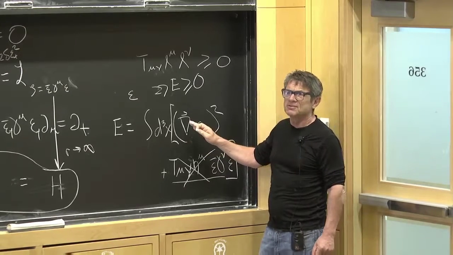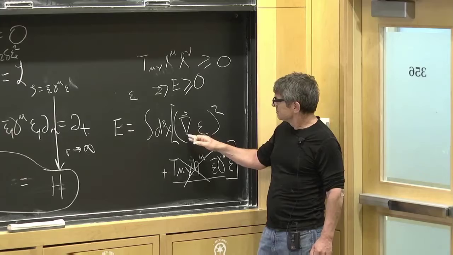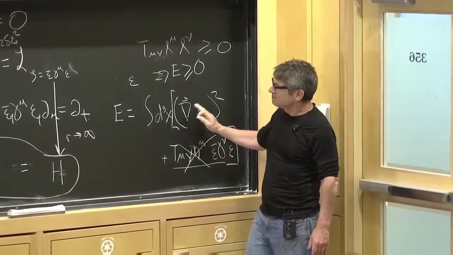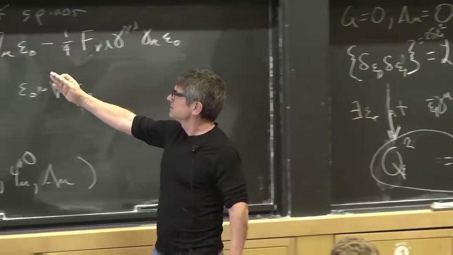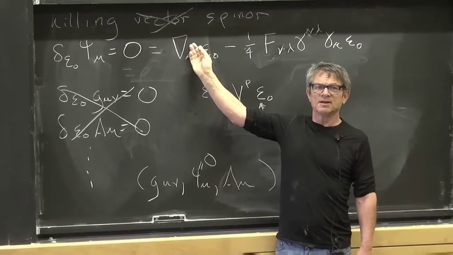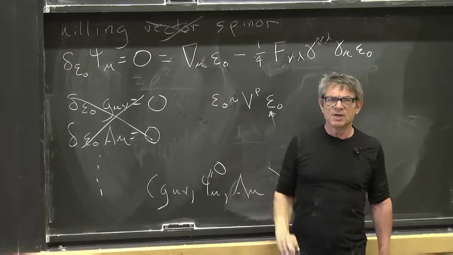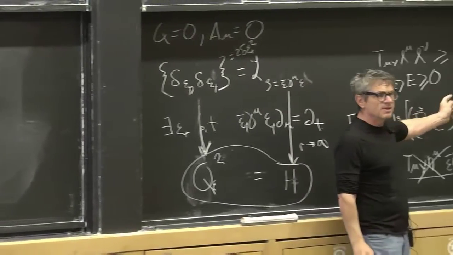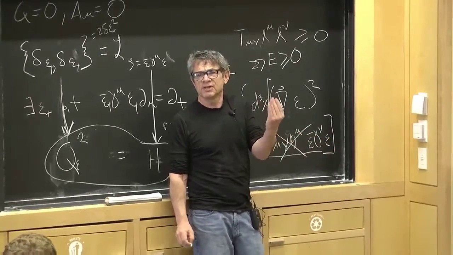Now, I haven't spelled out all the details of the structure of this grad epsilon squared and so on. But now that we've set A to 0, it basically amounts to the statement that there's a covariantly constant spinor. So you can show that in order for the inequality to be saturated, you must have a covariantly constant spinor.